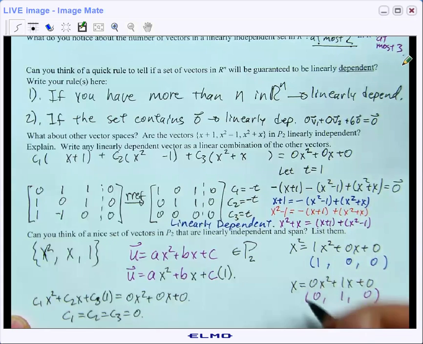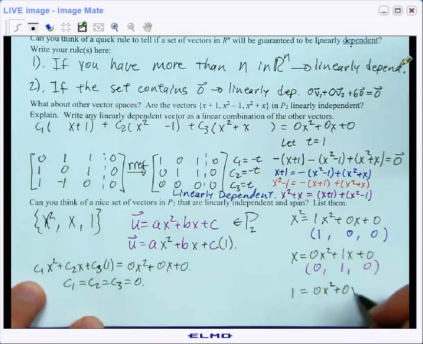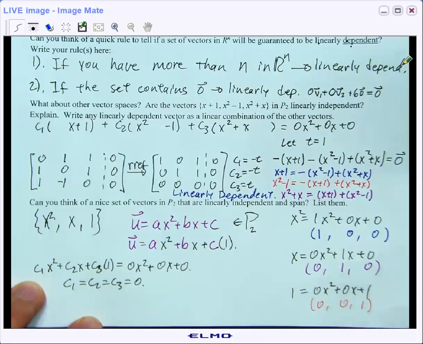And unsurprisingly, 1 is 0x squared plus 0x plus 1, which is very much like the vector 0, 0, 1. And you can see how these are just like the i, j, and k vectors that we've played with in R3.